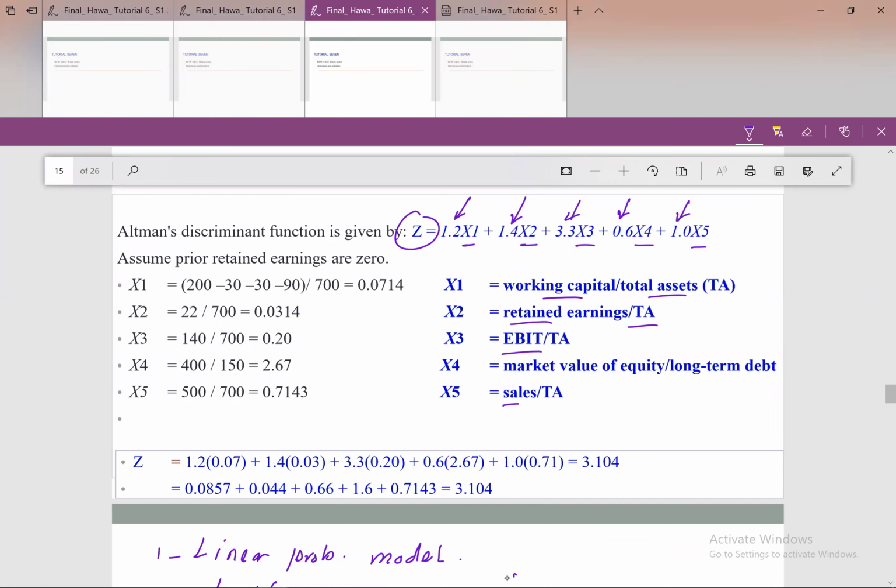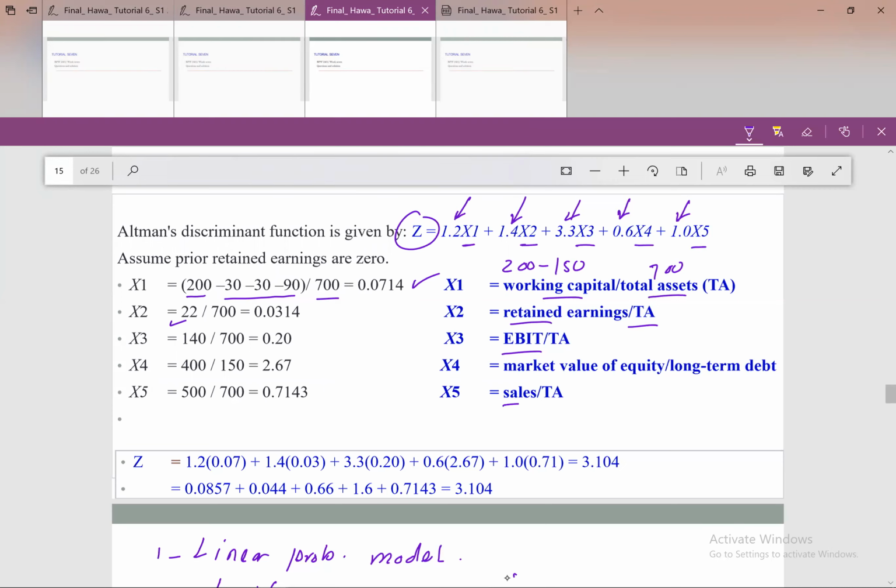So as you can see, the working capital is 200 minus 150, remember, which is this one minus all those ones, over the total asset of 700. So I get the X1. Now for the X2, which is the retained earning, I find it 22 according to my calculation.